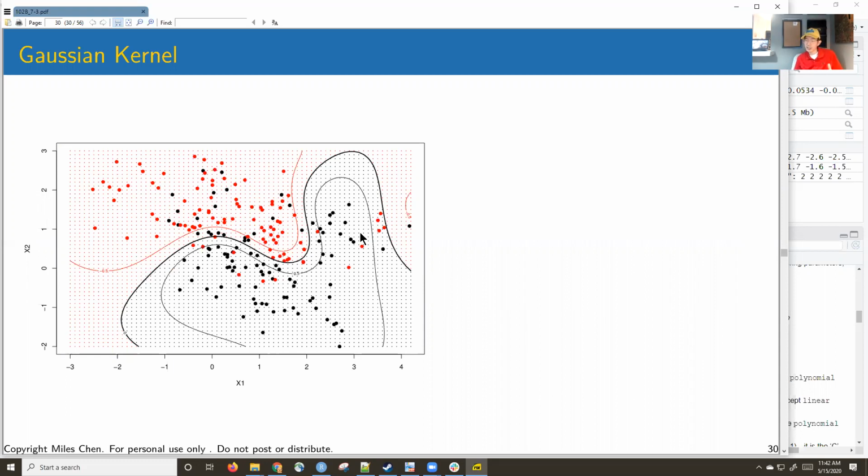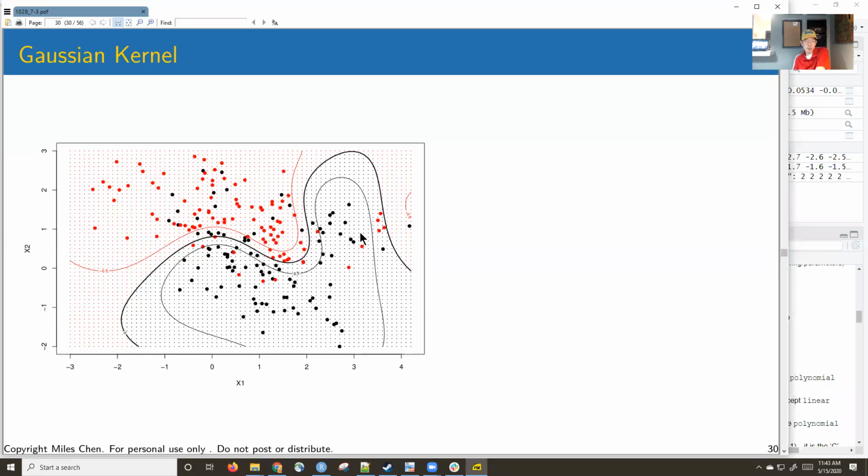So again, this projects the data into infinite dimensional space, which we cannot comprehend, but each of these points gets projected into this very hot infinite dimensional space, and once it's projected in that space, we're drawing some kind of linear hyperplane, and this is the representation of that hyperplane that gets drawn. We go, okay, well, seems to do a decent job of classifying black and red with the default settings.